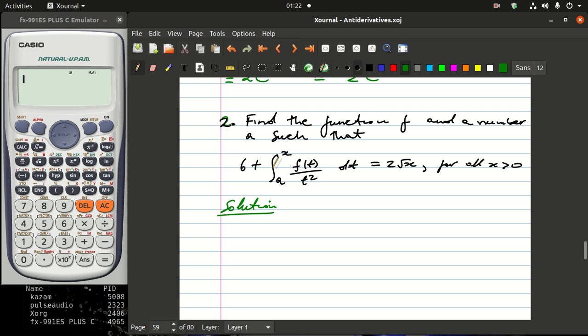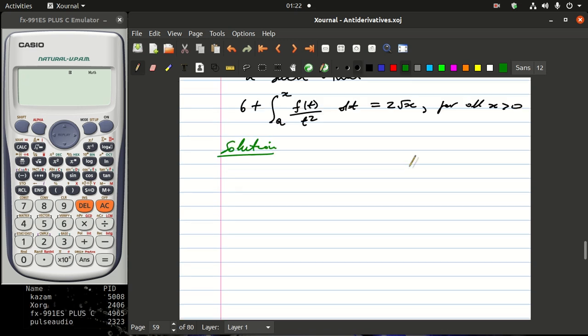So to remove the integral, we need to take the derivative throughout, so that it is gone and we can start solving for f of t. Whenever you have that and you want to remove it, you have to take the derivative throughout so that it is gone. So that is the first step to actually solving for this.